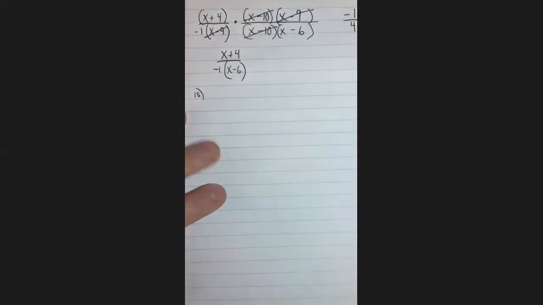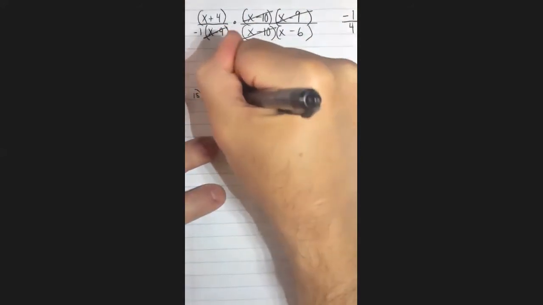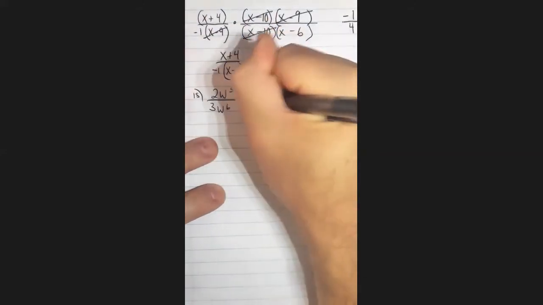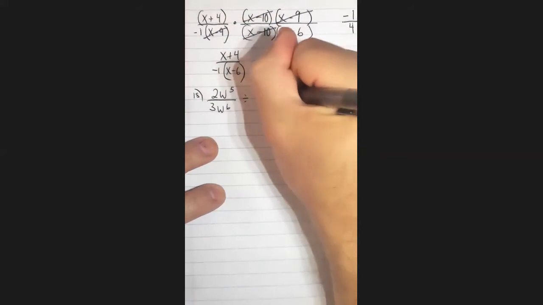And then, 2w to the 5th over 3w to the 6th. It's another division problem.